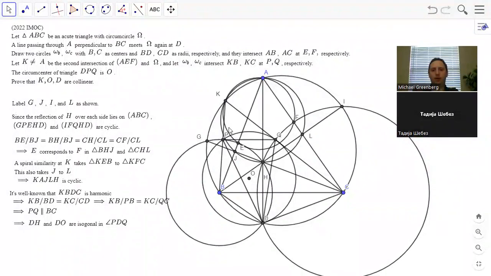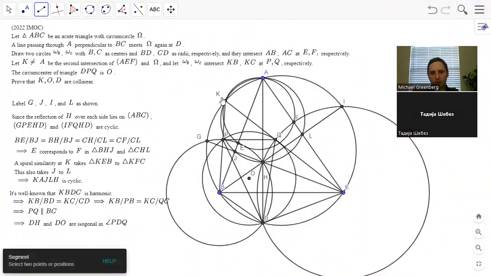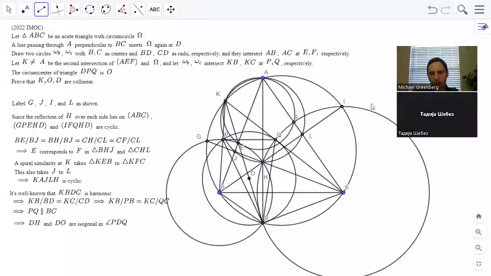Maybe I don't know why I thought the problem was solved. Maybe it's not that easy. Is there some other point that this segment passes through?